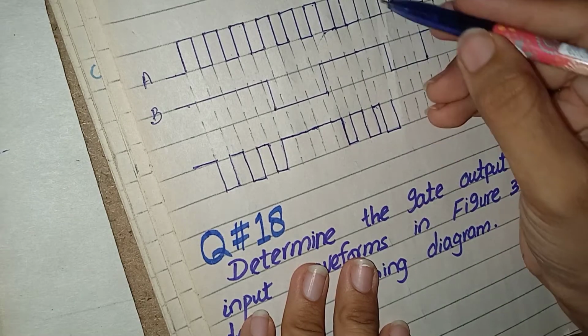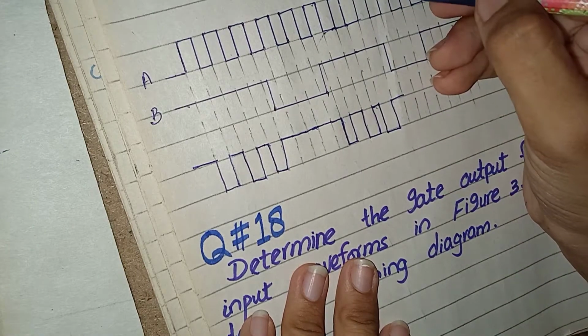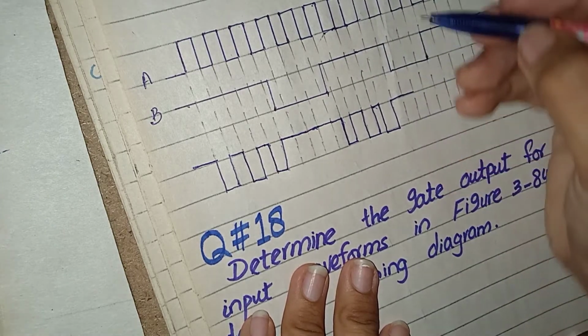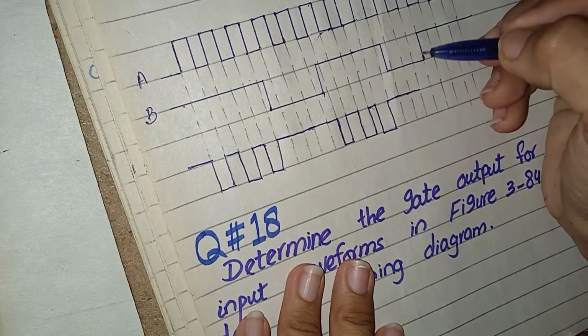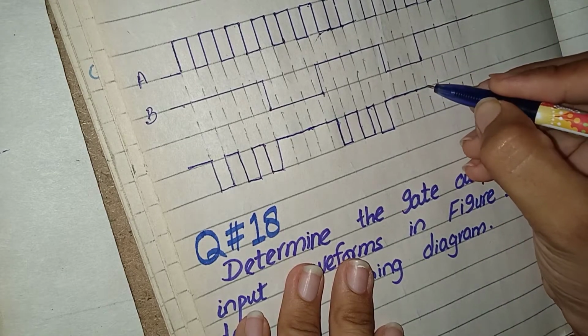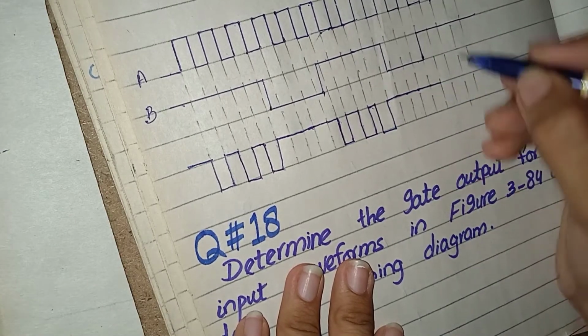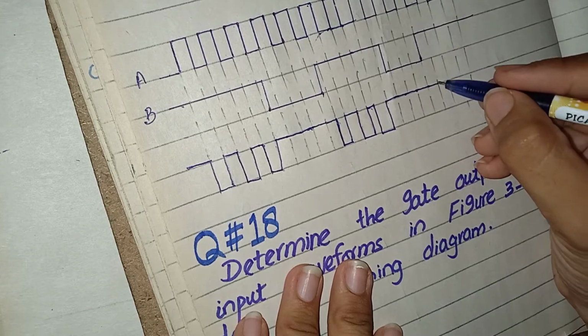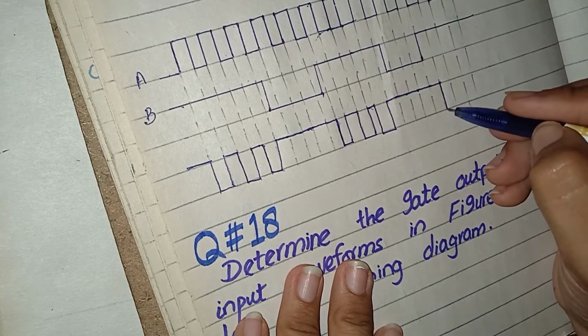For these two combinations, we get high output. For these two combinations, we also get high output. For these two, we also get high output. For these two, we also get high output. And here we also get high output. But here we get lower output as B and A both are at high level.